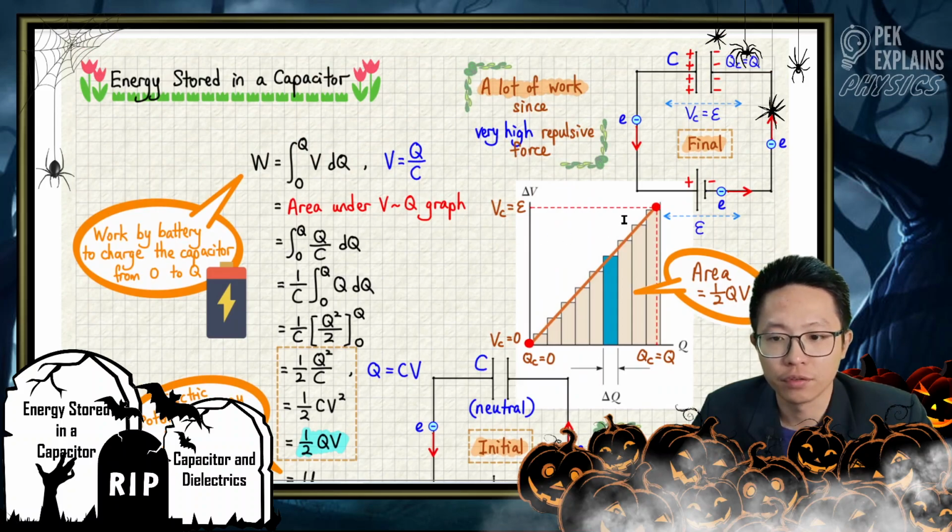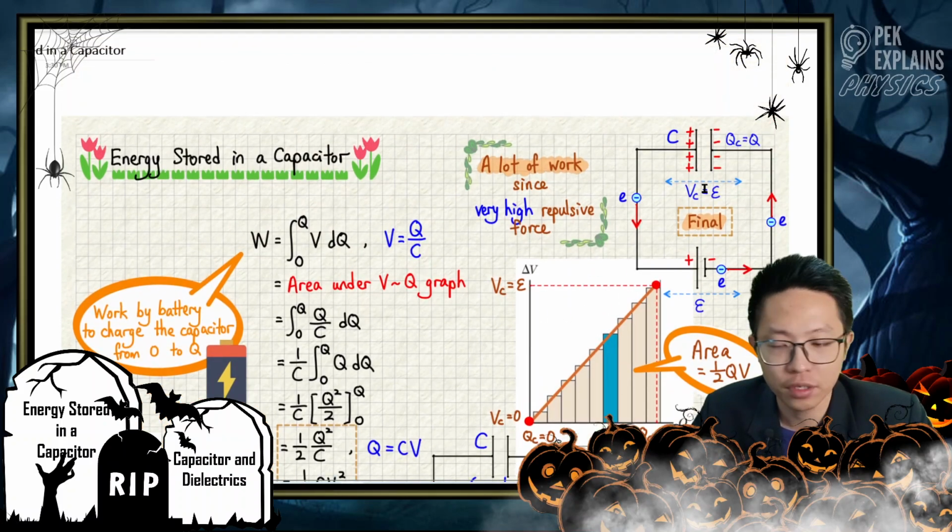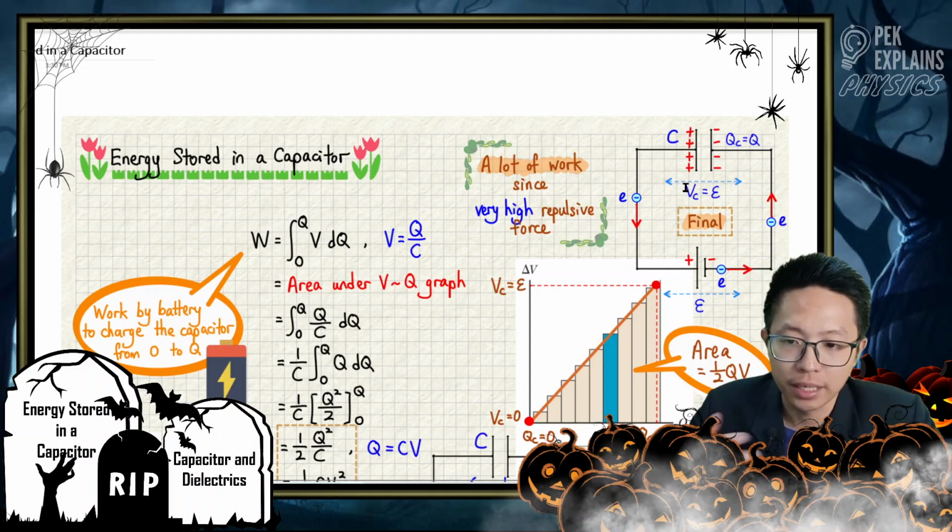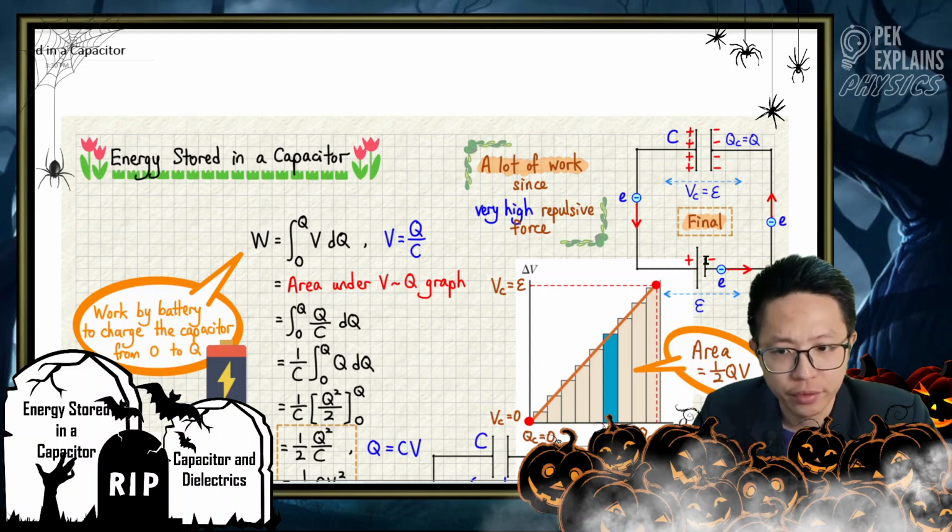But after charging to the maximum, finally the voltage of the capacitor will be equal to the EMF, because the capacitor is parallel to the battery. The voltage of the capacitor becomes the same as the EMF of the battery, and the charge of the capacitor also reaches the maximum charge.